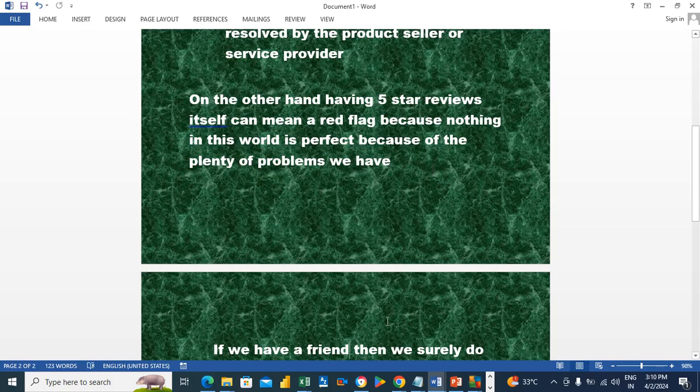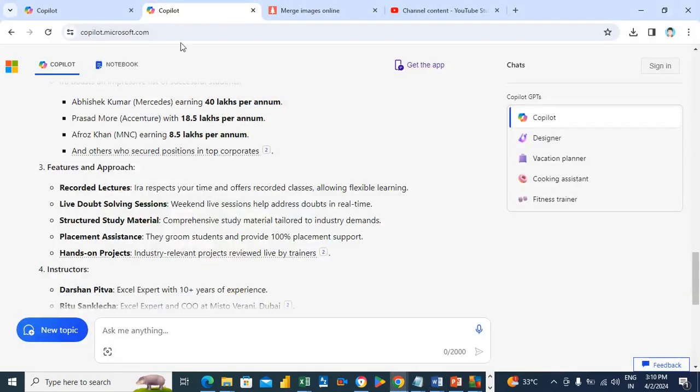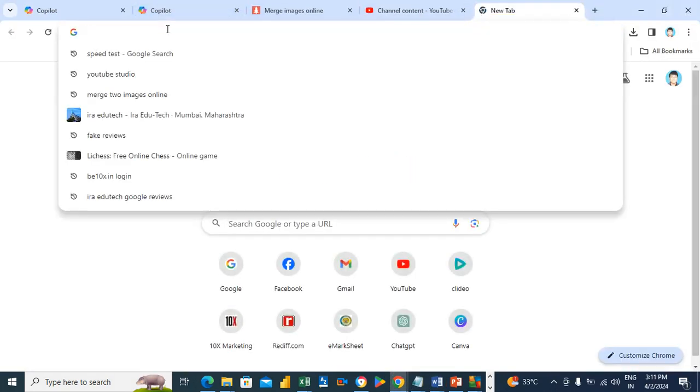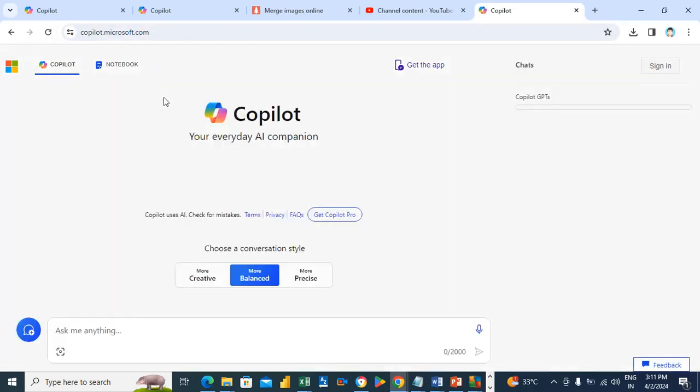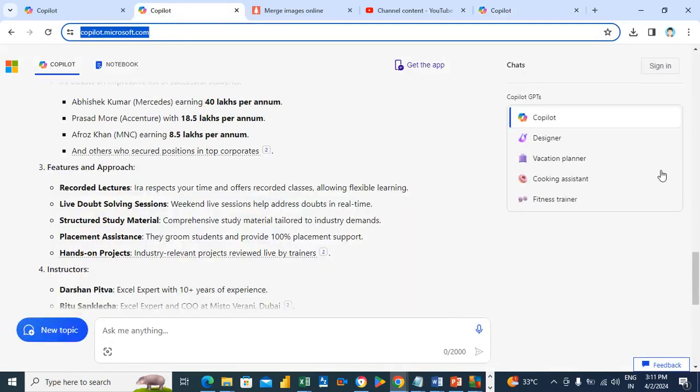Okay. So now let's ask ChatGPT. I'm going to ask ChatGPT to find out what it has to say. Okay. So I'm going to copilot.microsoft.com, as you can see.